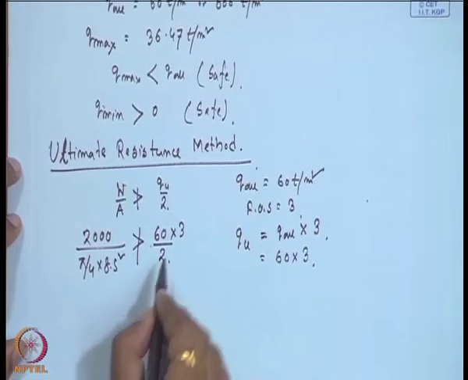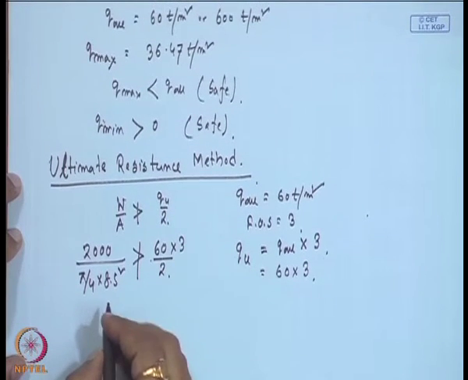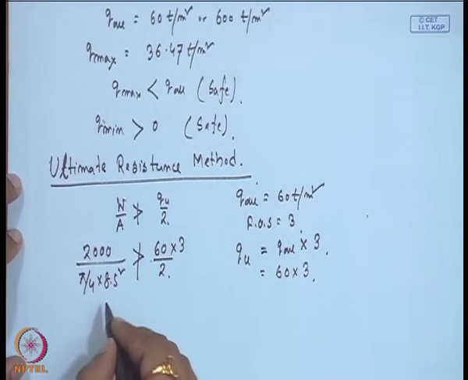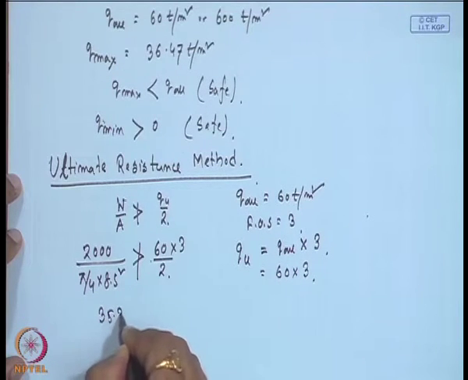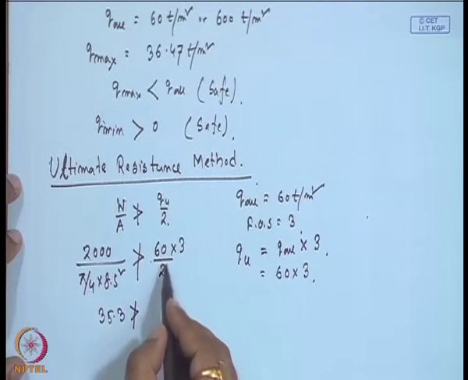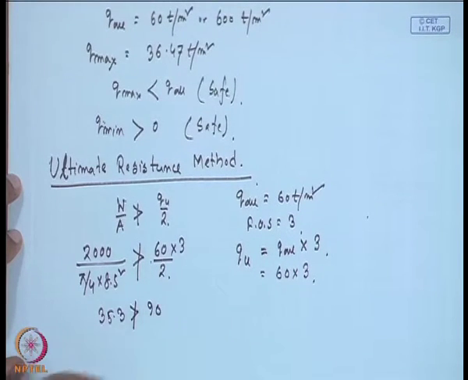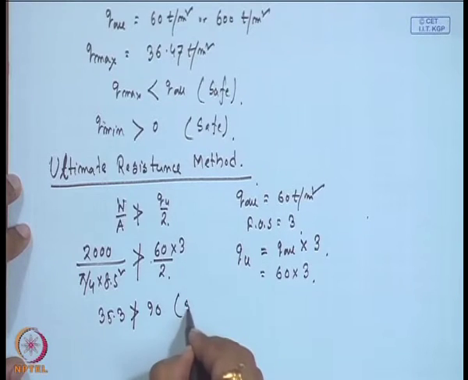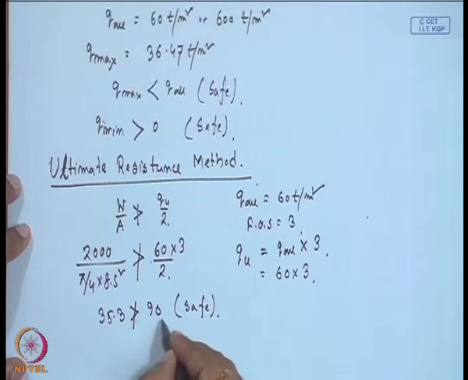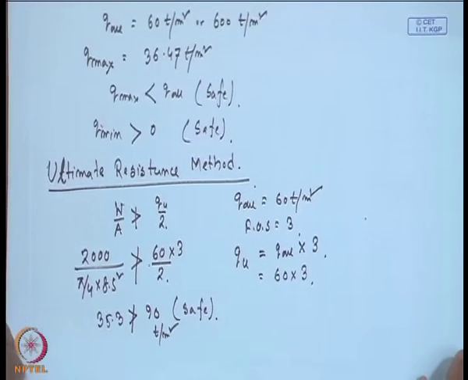So, we will get that this value is 35.3, and that is not greater than 90. So, it is safe. This is safe, 90 ton per meter square. So, this is also safe.